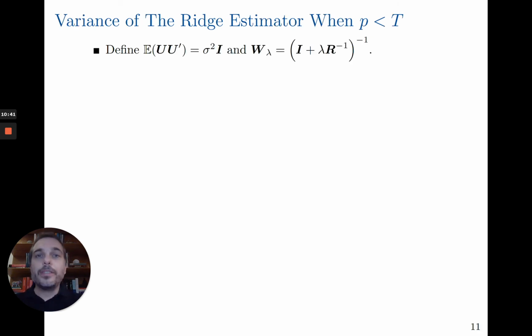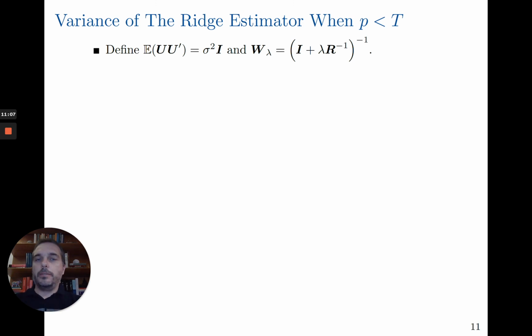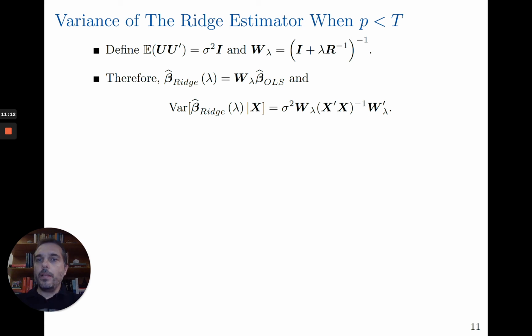Okay, that's the expected value, but what's the variance of the ridge when p is less than t? Let's define the covariance matrix of the errors as sigma squared times an identity, and let's call the term that appears here in front of beta W lambda. So the beta hat ridge is W beta hat OLS.